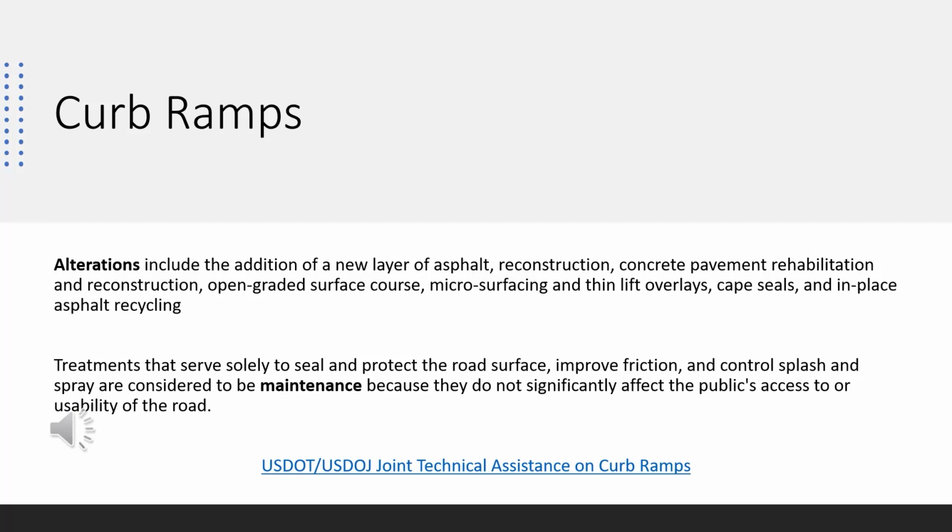Treatments that serve solely to seal and protect the road surface, improve friction, and control splash and spray are considered to be maintenance because they do not significantly affect the public's access to or usability of the road.